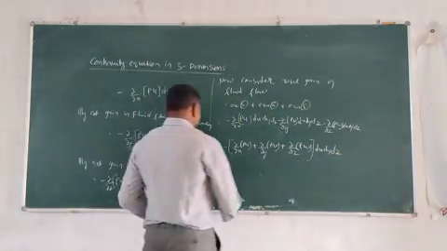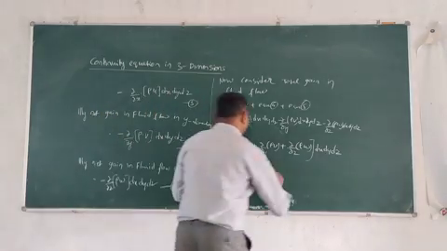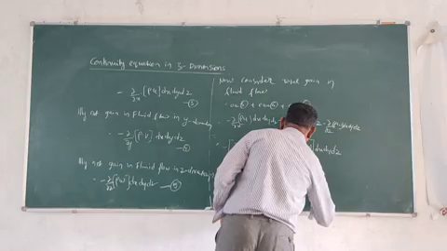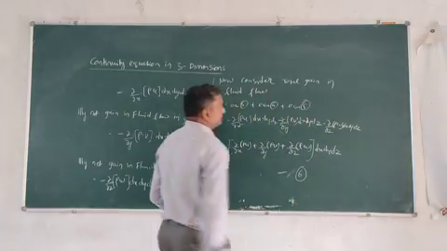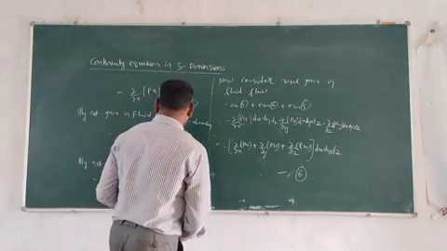What is this? This is the total gain in fluid flow. Assume it as equation 6.